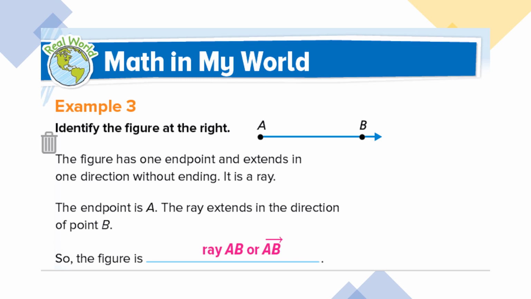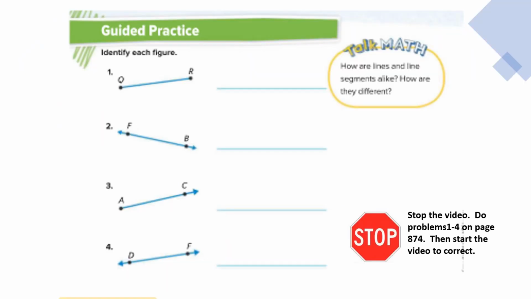A would be the sun, and the sun's rays would be shooting out. Now, what I want you to do is stop the video and complete number 1 through 4 at the top of page 874. When you have this completed, then please start the video again.